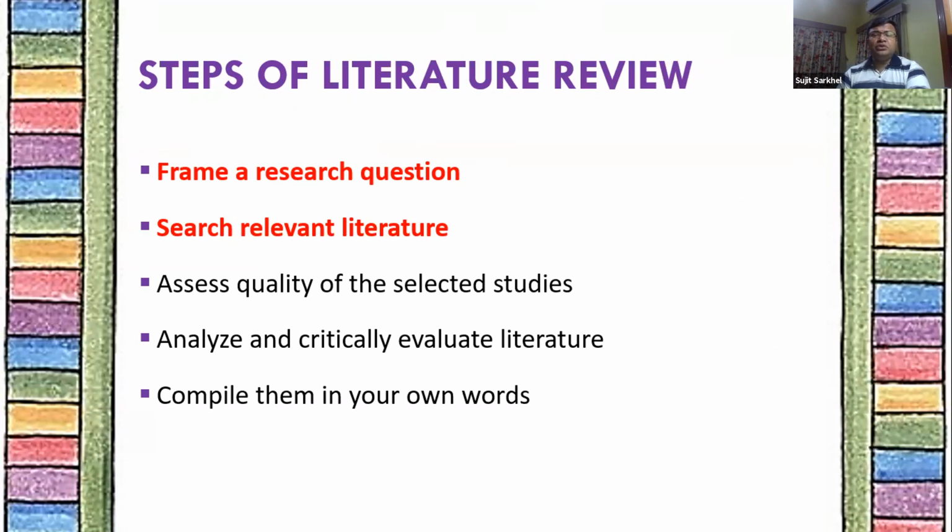But supposing you want to search how effective SSRIs are compared to SNRIs for the treatment of depression, here you will have to formulate a research question and go for a step-by-step search in order to find the relevant articles. Because if you simply type the entire sentence, the search engine will not give you a proper result, because academic search engines mostly do not operate just like Google. So first you have to frame a research question and search relevant literature. These are the 2 points which I'm going to discuss today.